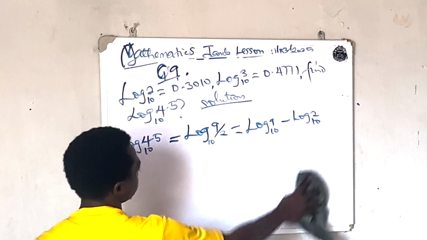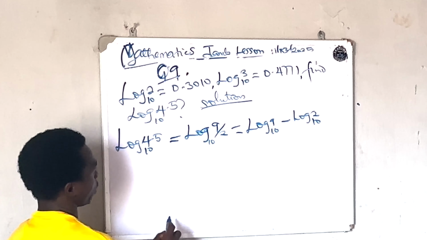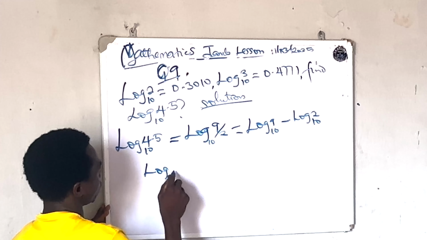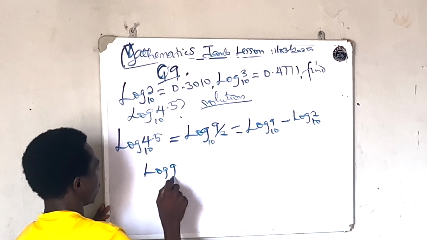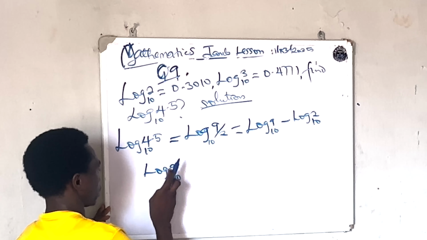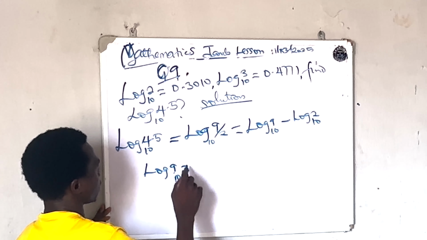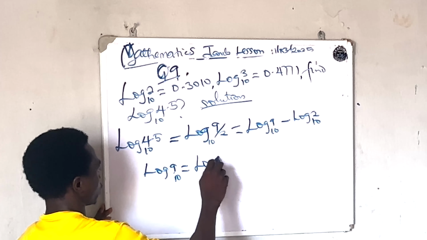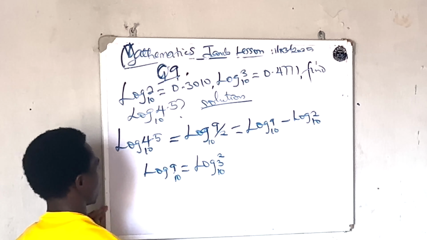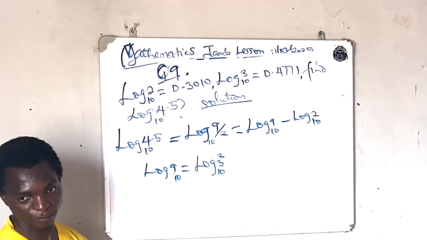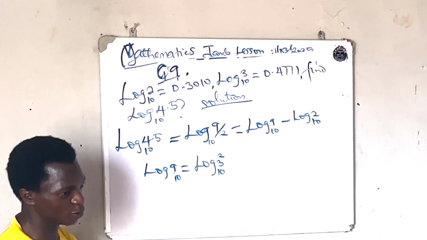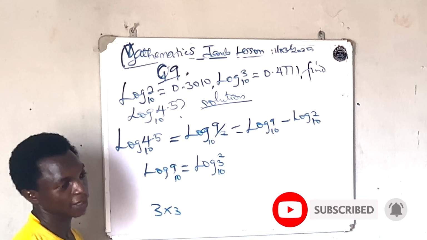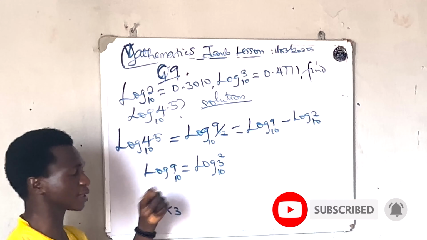Next up, when I have log of 9 in base 10, remember it's still the same thing as saying log of 3 raised to power 2 in base 10. What do I mean? 3 raised to power 2 is the same thing as saying 3 times 3, and 3 times 3 is the same thing as 9.